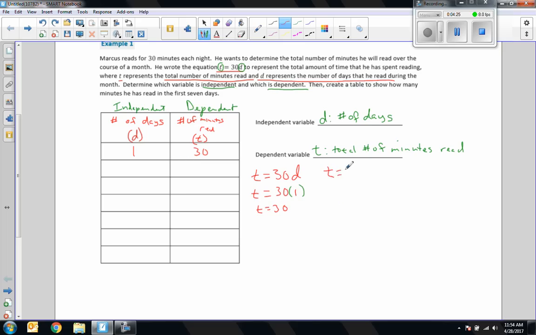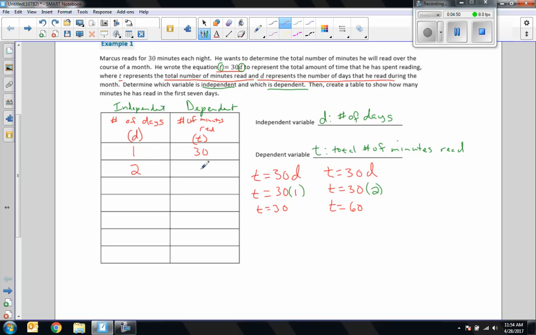So if I write that equation again, T equals 30D, and then I replace D with some value, my independent variable, I plug in something, T depends on what D is. D is 2, and when D is 2, T equals 30 times 2, or 60.